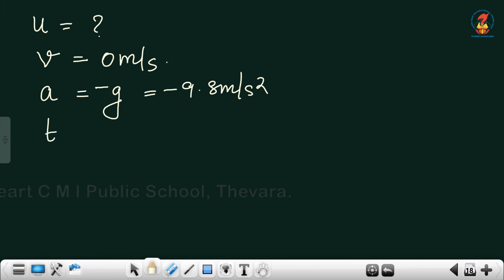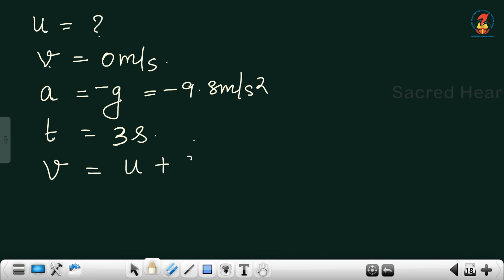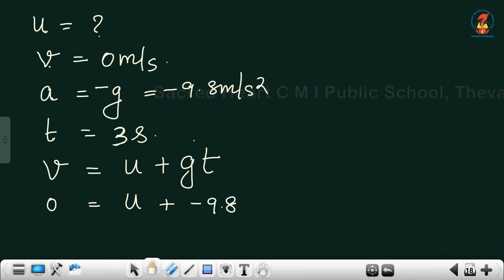The time taken from the ground to reach the maximum height is 3 seconds. So V, A and T are given. You need to calculate the initial velocity. You can easily calculate it using the equation V is equal to U plus GT. V is 0, U is what you need to find, plus G is minus 9.8 into 3. Time is 3 seconds.